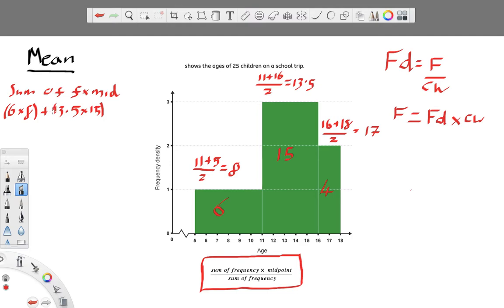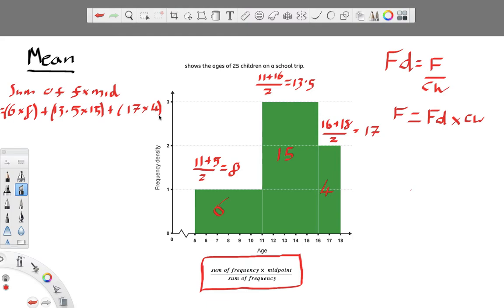Because remember, in these numbers in red that I've written on the bars, they're the frequencies. And then the last one, just writing equals there actually. So then the last one will be 17 times 4. So if we just get a value for that, obviously go to your calculator.